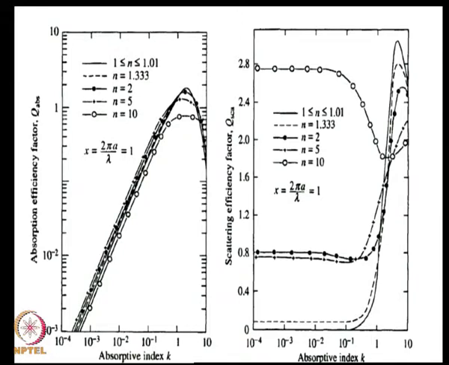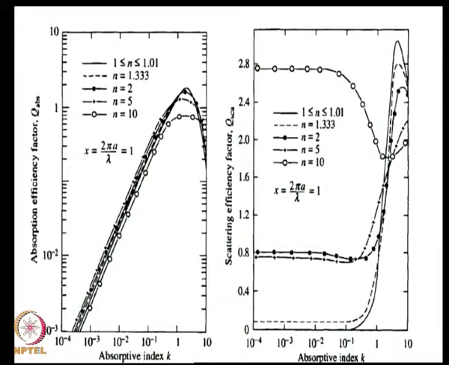On the right hand side you see that the scattering coefficient is plotted here, left hand side absorption efficiency. Scattering efficiency shows a more complex dependence, and both of them are plotted for size parameter about 1.